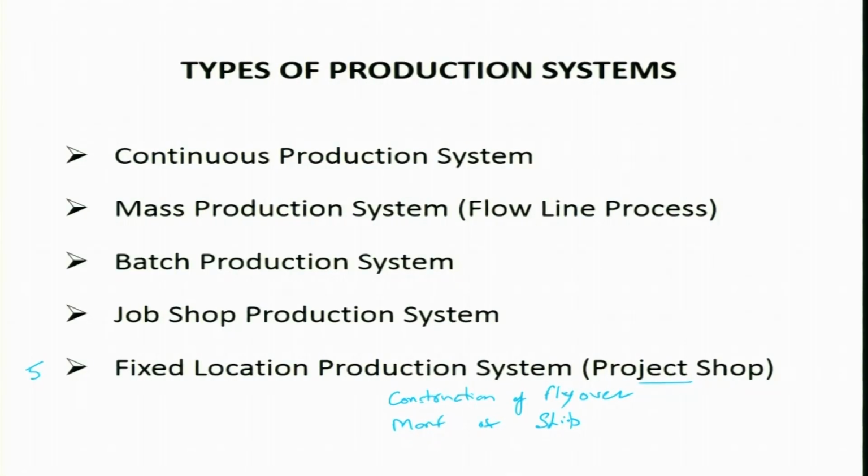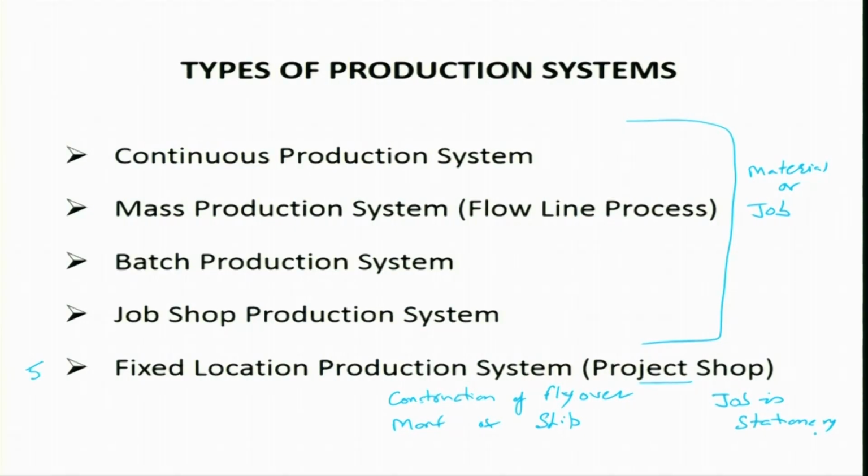Because of the sheer size of the unit which you are manufacturing, it is not possible for the unit to move from one workstation to another. In the first 4 systems, we found that the material or the job moves from one station to another, whereas the production processes are stationary. Whereas in the 5th type of production system, the job is stationary, but the processes are portable.